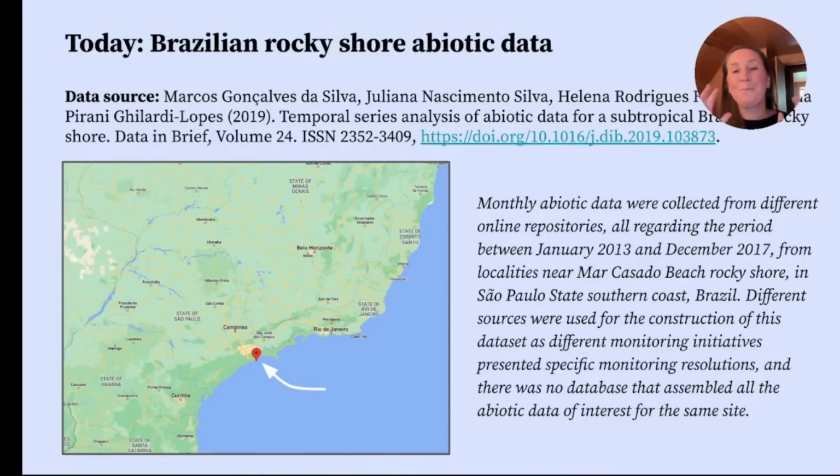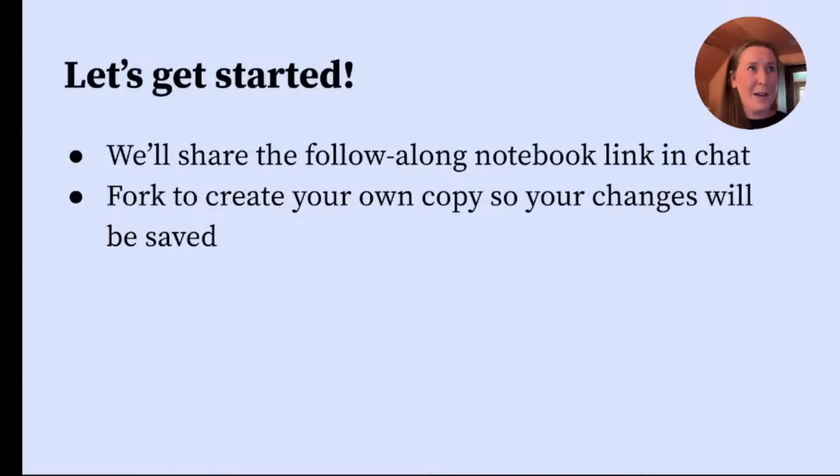So they have collected this aggregate data set and then showed some analysis with it that we are going to continue working with, to start exploring changes in seasonality along this stretch of the Brazilian coast. That's the data set we have to look forward to today, with much appreciation to the authors for aggregating it and openly sharing it. All right, let's go ahead and get started.